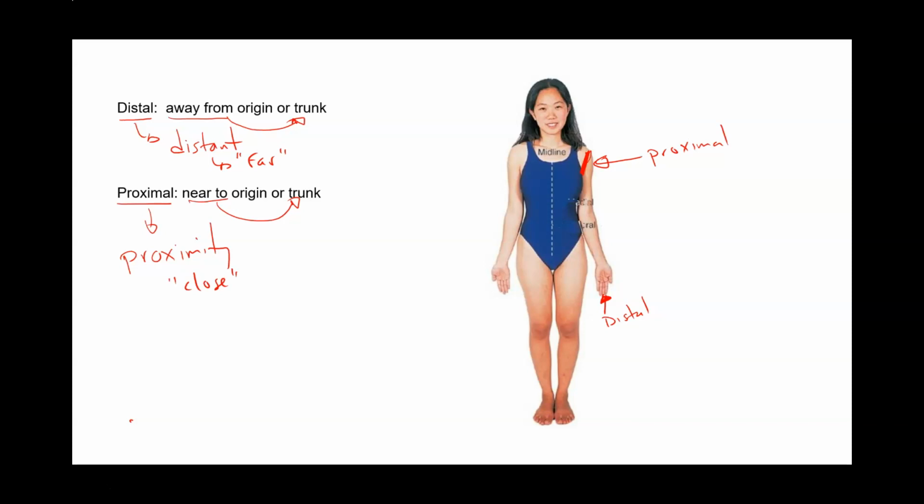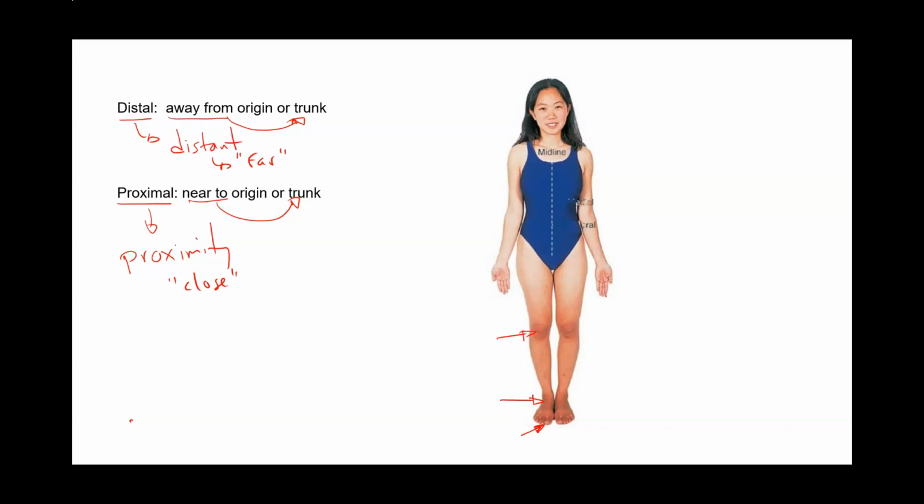Let's take a look at some examples using the lower limb, and here we'll make some comparisons. We could say that the knee is proximal to the ankle, right? But we could say that the ankle is proximal to the tips of the toes, right?